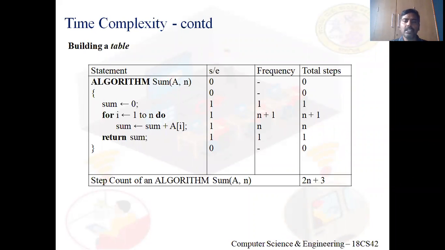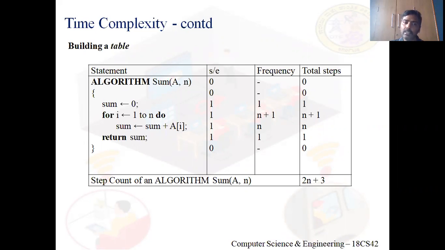So what about the for statement? Just have a look at the last column. I've shown n plus 1, right? You might have wondered that the for statement is going to execute n times, so why one extra time? Let me clarify, be cautious. In the for statement, we check the condition. Initially i is 1, the condition is true, and for got executed once. Next i is 2, the condition is true, for got executed a second time. When i is 3, a third time.